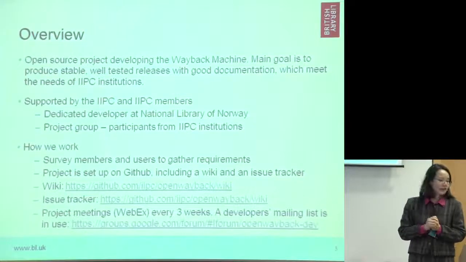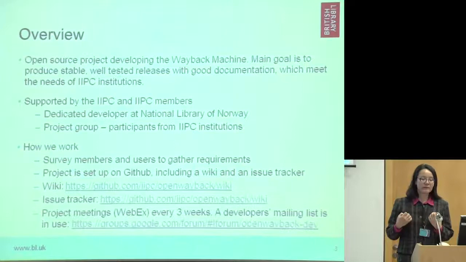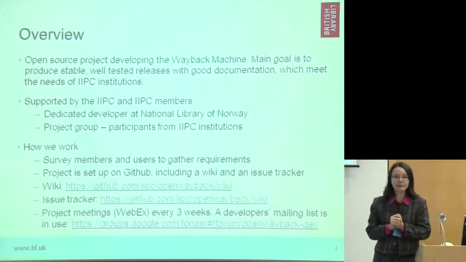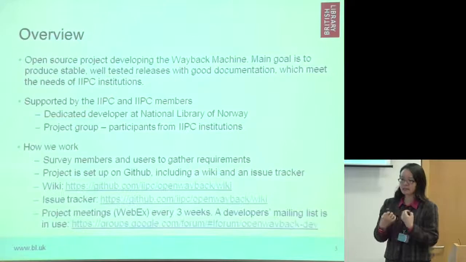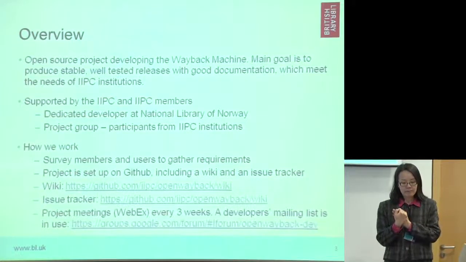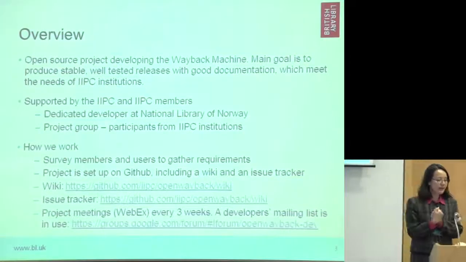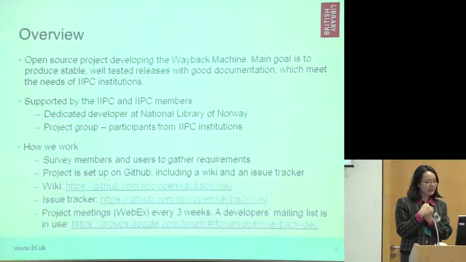We come back. So we have set up quite a few things to help us work together. There's a GitHub repository, including a wiki and an issue tracker, and there's documentation explaining how one could participate and take part in the project.